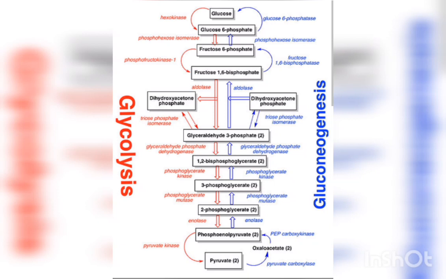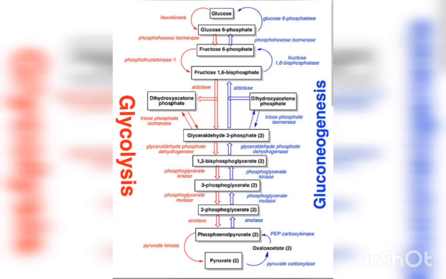Step 7, glucose 6-phosphate. Glucose 6-phosphatase catalyzes the hydrolysis of glucose 6-phosphate to form glucose and inorganic phosphate. Step 8, glucose transport. Glucose is transported out of the cell and into the bloodstream.